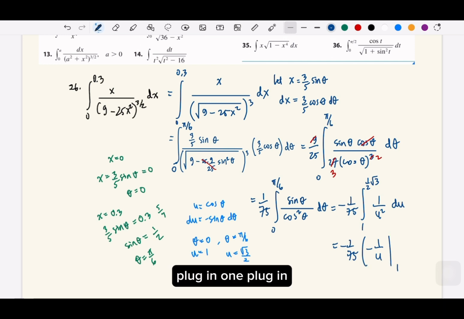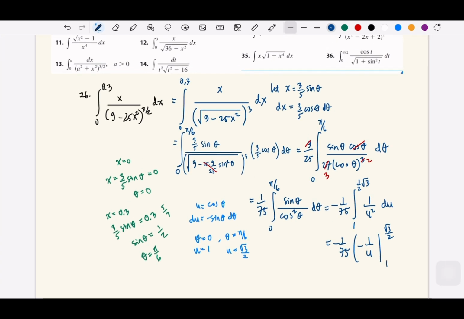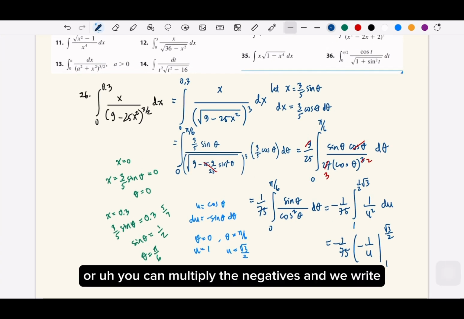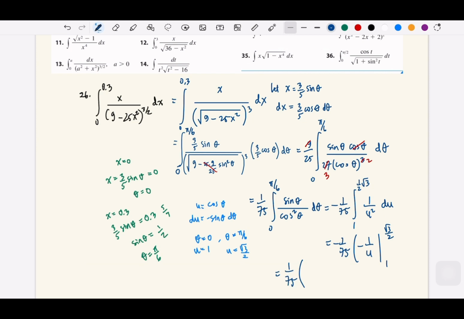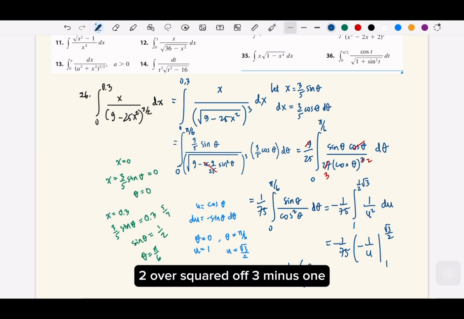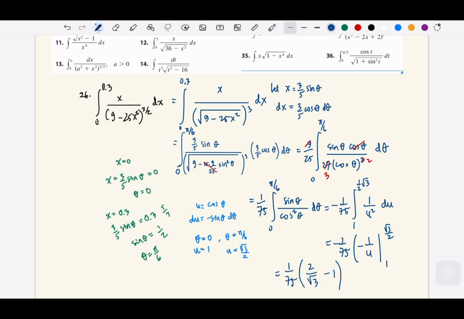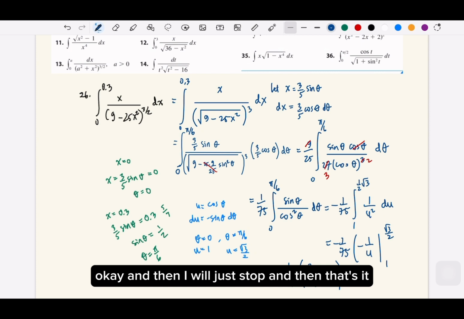Plug in 1, plug in square root of 3 over 2. Or we can multiply the negatives and we write 2 over square root of 3 minus 1. Okay, and then I will just stop and that's the answer.